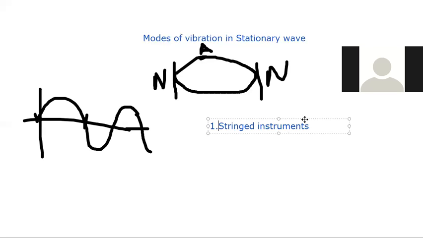And when we talk of strings, we are talking about this thing. It also occurs in pipe instruments, in wind pipe instruments, open tubes or pipes in which the boundaries are free.